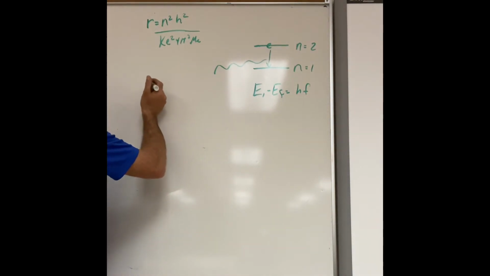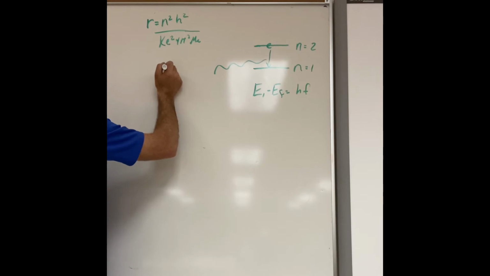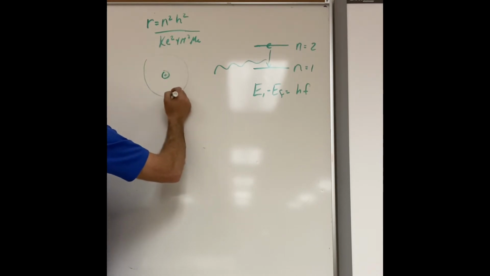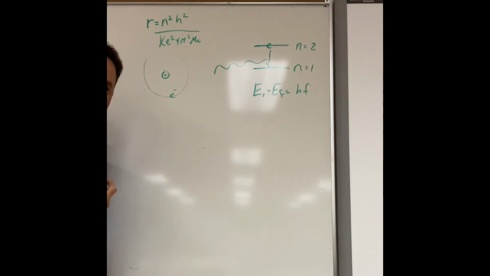So if you have something orbiting a nucleus, it's got both potential energy and kinetic energy. It has potential energy, we call it electrical potential energy, that is negative because you would actually have to give it energy to escape, right? It's bound to the nucleus. And it has kinetic energy because it's in an orbit.